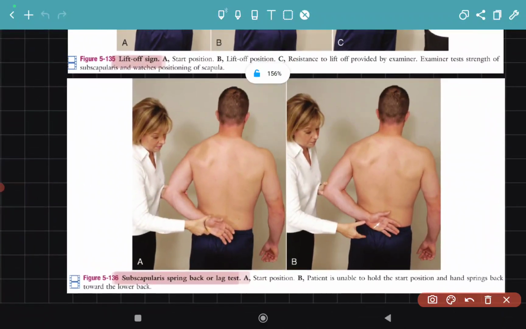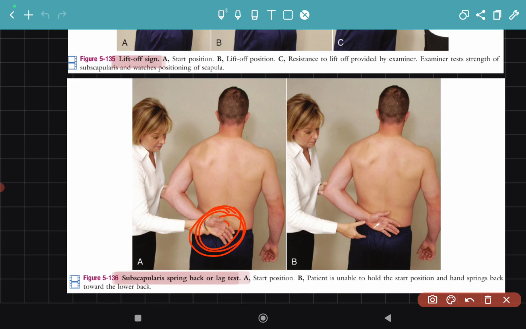Another one is the subscapularis spring back or lag test. In the start position, as we can see, the patient is asked to place the palm this way, as we saw in the lift off sign. But the patient over here is not able to hold this start position.